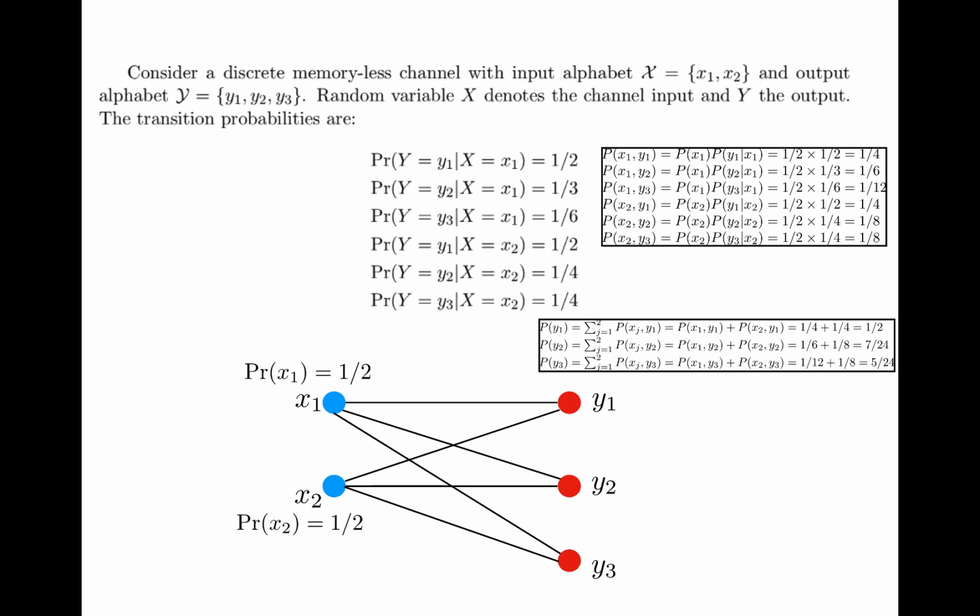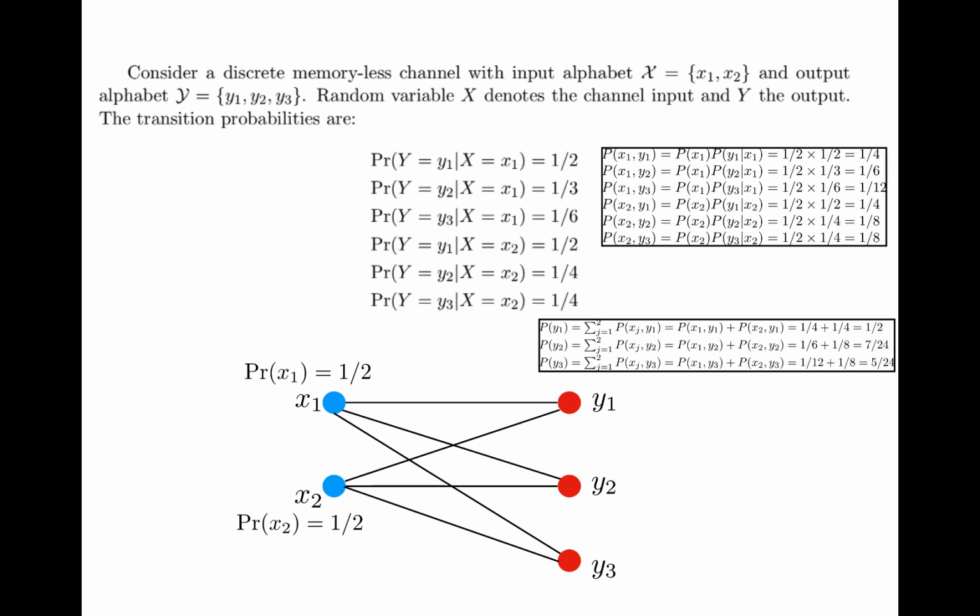Okay, so probability of y1 is actually the sum of all the joint probabilities that include y1 as the last variable. So probability of x1 y1 plus probability of x2 y1 in this case. If we had more inputs, all values should have been added.